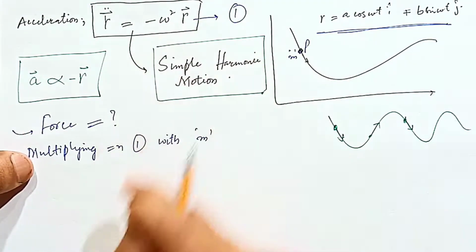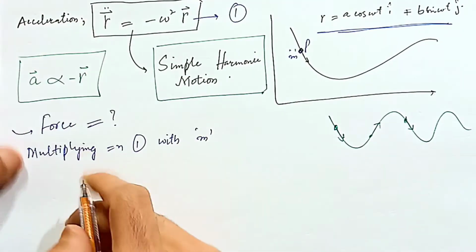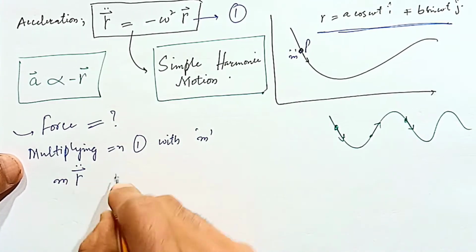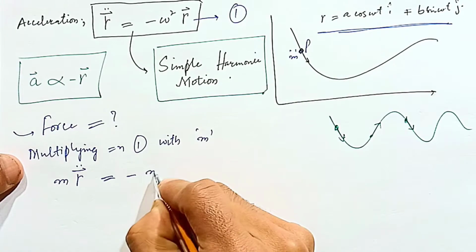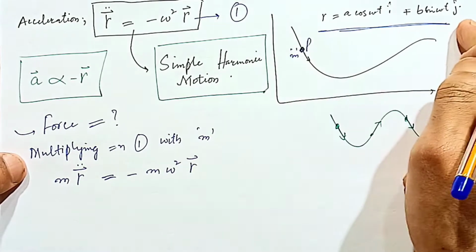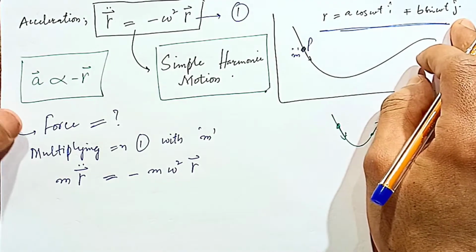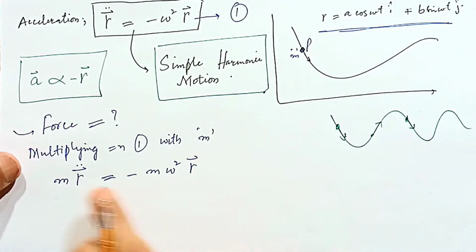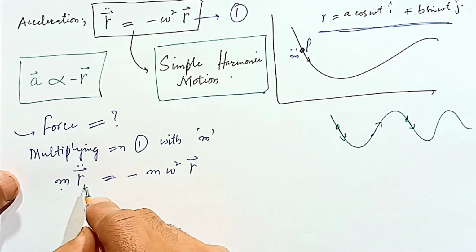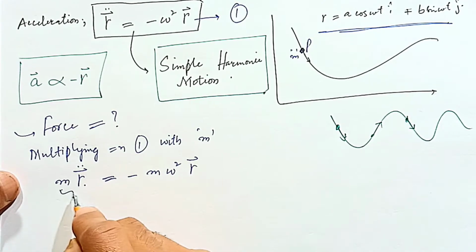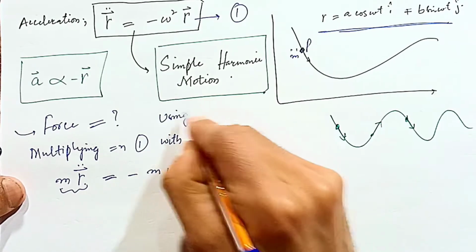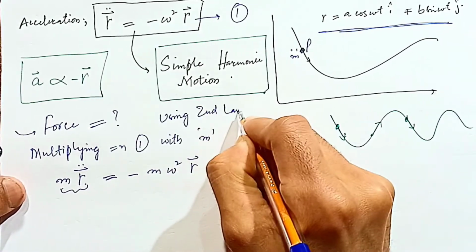So multiplying throughout by the mass of the particle, we get mass times r double dot equal to minus mass times omega squared r vector, and r is given by this very equation. So mass times r double dot is the force from the second law of motion.